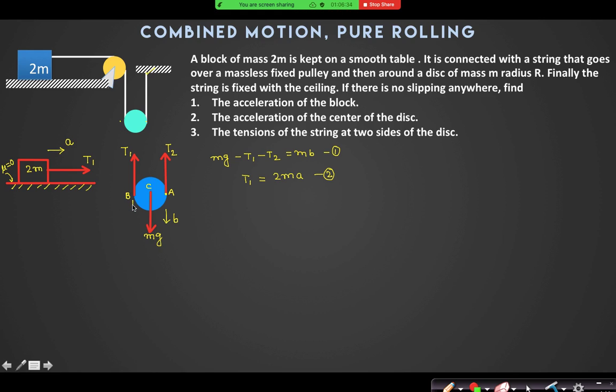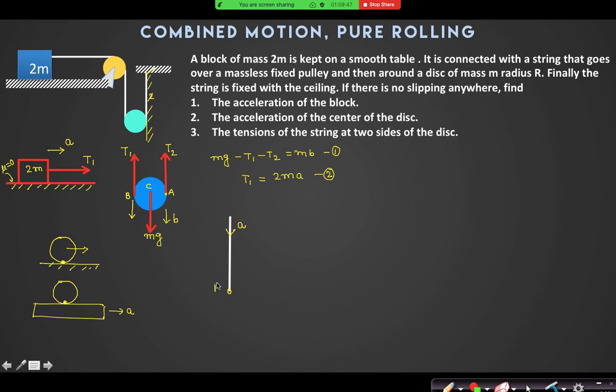Can you see that? Sir, this is the string. I will draw the constraint motion of this string. What is the acceleration of this point of the string? It's A. So how can you say that this point is at rest? Okay, sir, I cannot say.